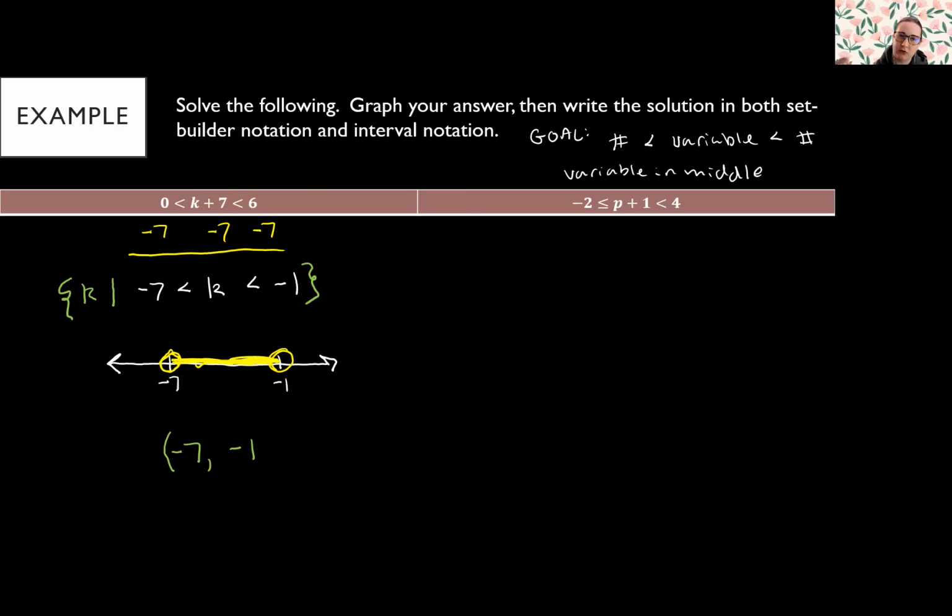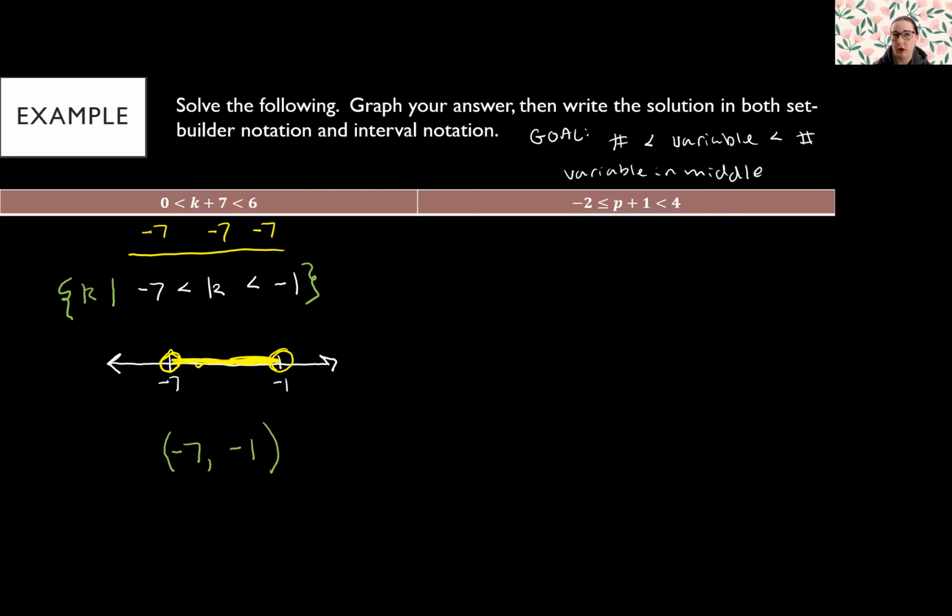It's an open circle, so it's going to be a parenthesis and it faces where I'm shading. So the parenthesis is going to face to the left. That was not a great parenthesis. So that is your interval notation. So we solved, we graphed our solution, and we wrote it in interval notation and set builder notation.